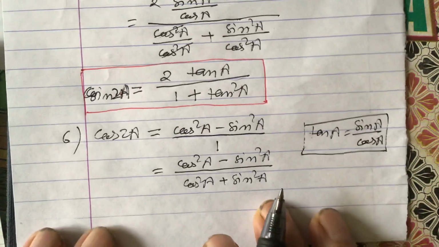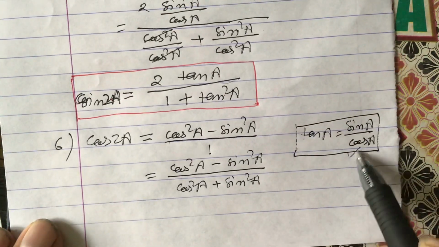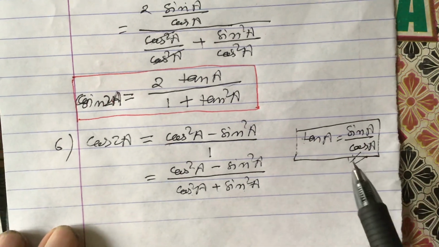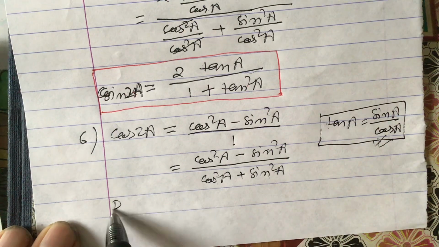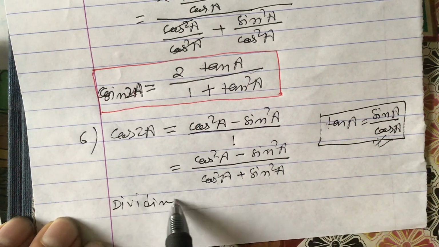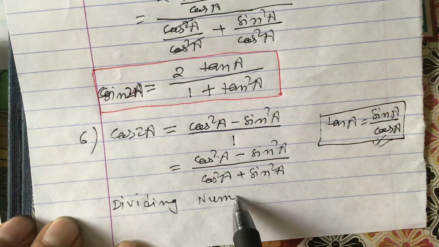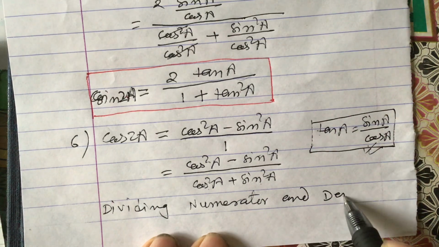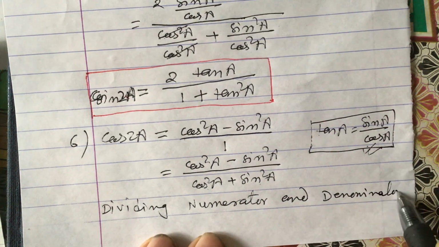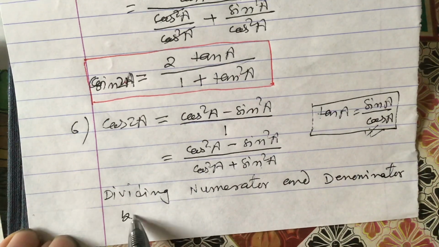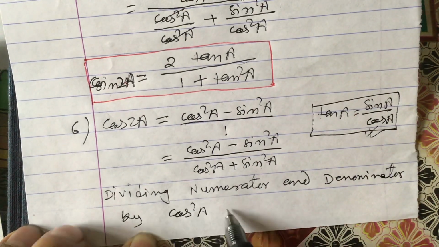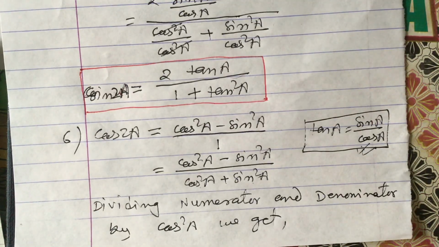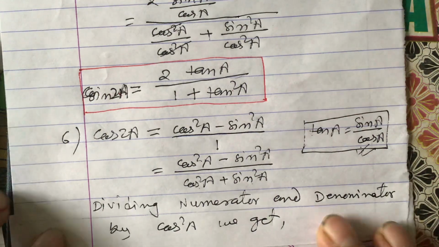So here also we have to divide by cos, but here it is square, in all the terms there is square, so we have to divide by cos square A. So now let us divide, dividing numerator and denominator by cos square A. If you divide, then what will we get? Let us do. Let us continue this one now.